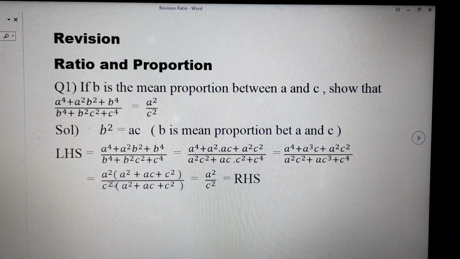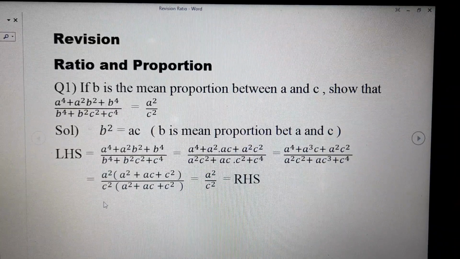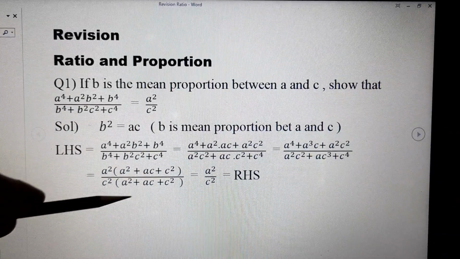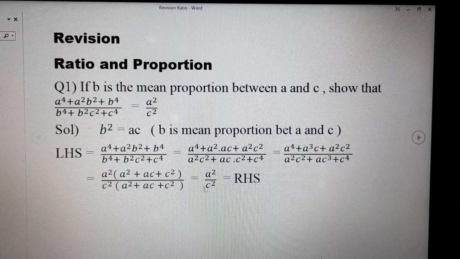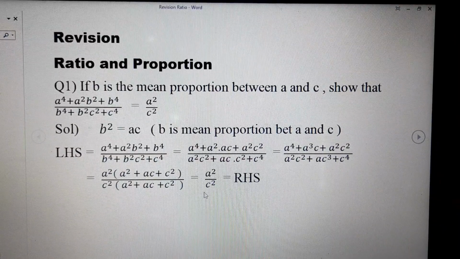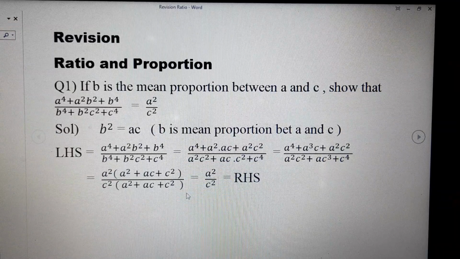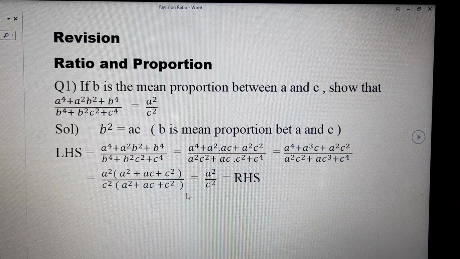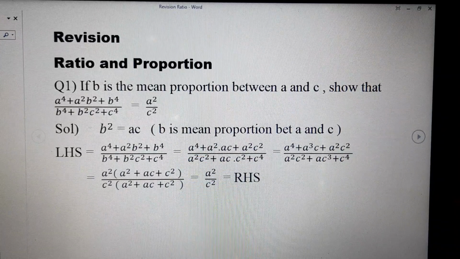If we take them common, we get the same result within the bracket, so this entire bracket will be cancelled by the other bracket. We'll be left with a square divided by c square, which was the RHS. So this question was based on the mean proportion method. That is, if B is mean proportion between A and C, then we have to use B square is equal to AC.